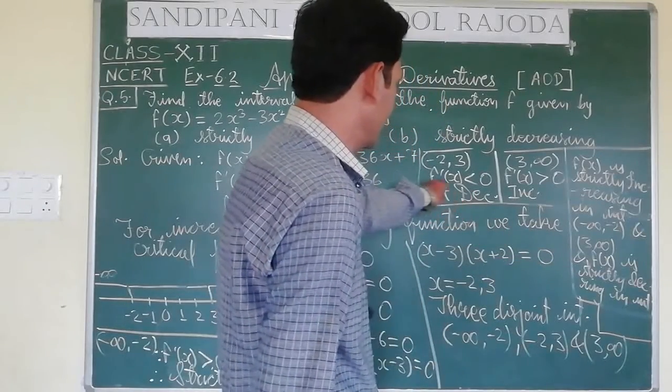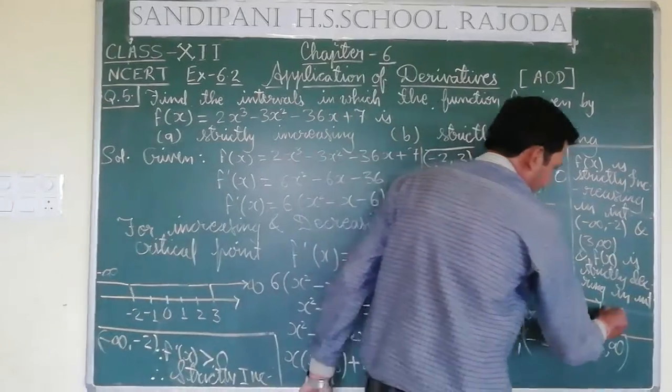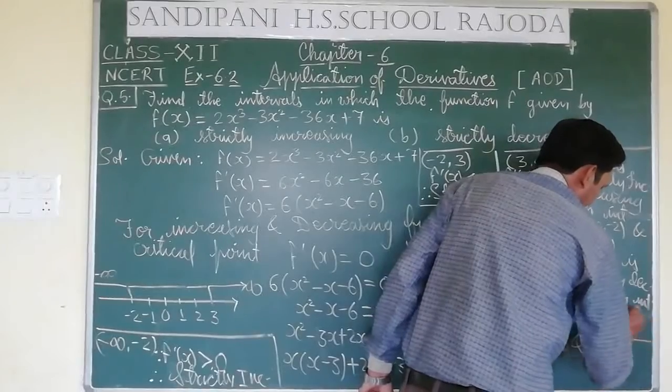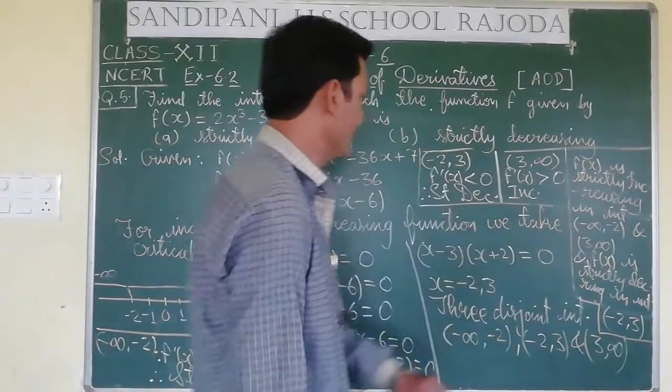Strictly decreasing here means between minus 2 to 3. So this is the conclusion for the whole question.